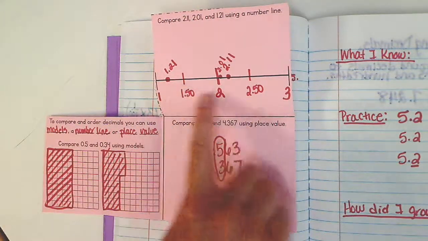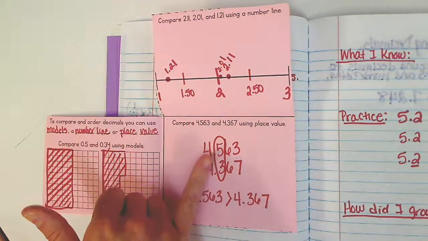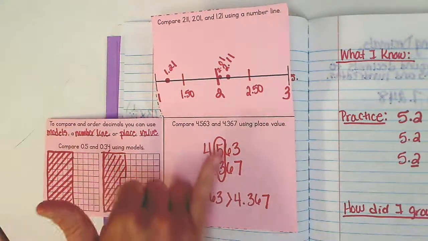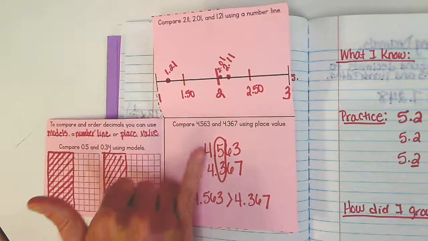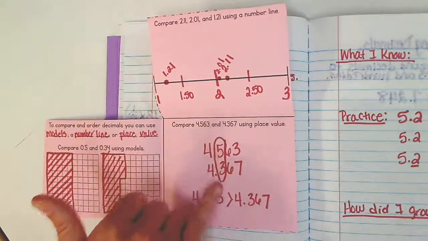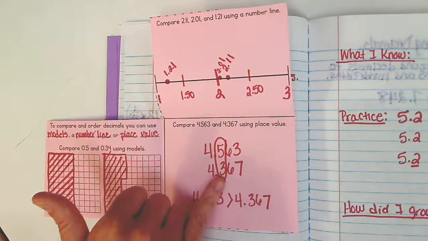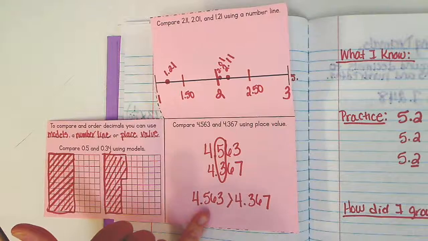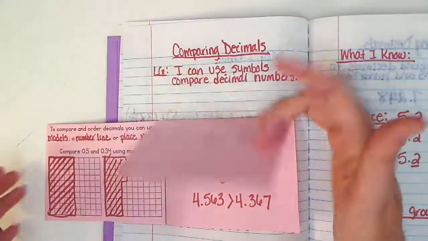We can use a number line, or we can just use place value by lining up our digits and then comparing place by place. In this one here, since they both have a 4 in the ones place, we have to start comparing them in the tenths place. And since 5/10 is more than 3/10, then 4.563 is greater than 4.367.